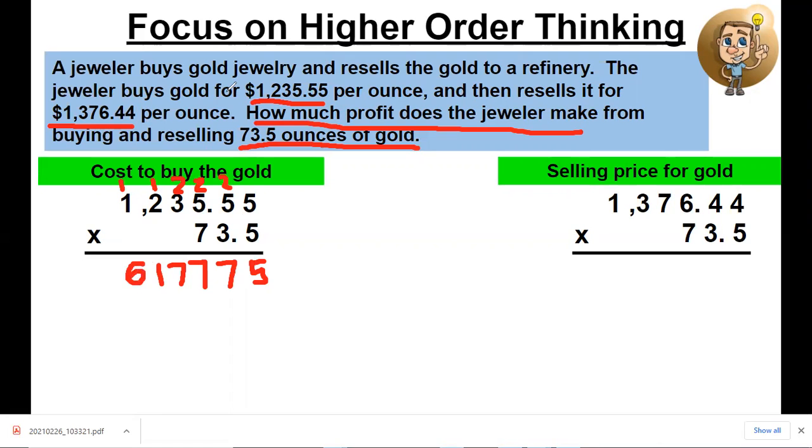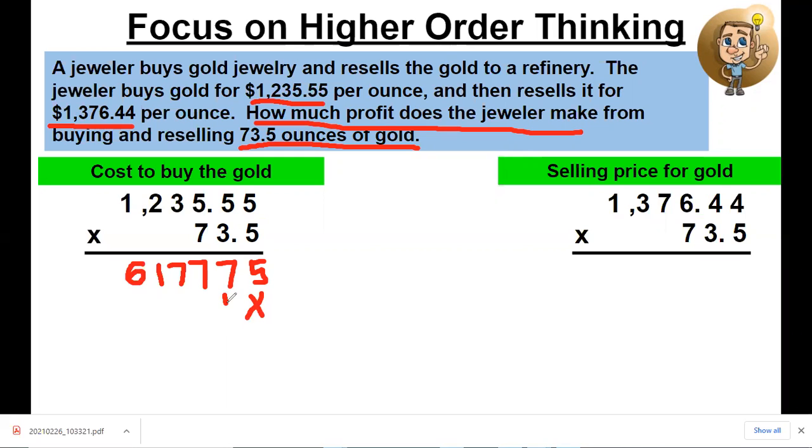And just for sake of clarity, I'm going to erase these numbers now because I'm going into the second round. So now I'm going to start with 3 times 5. Okay, 3 times 5 is 15. I'm going to put an X here so I don't mistakenly put my number under this number.